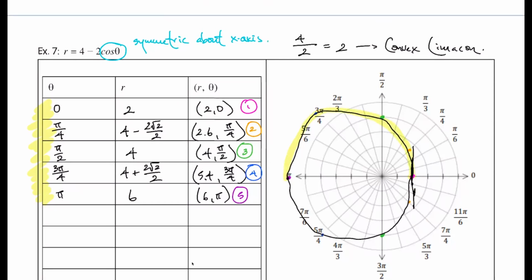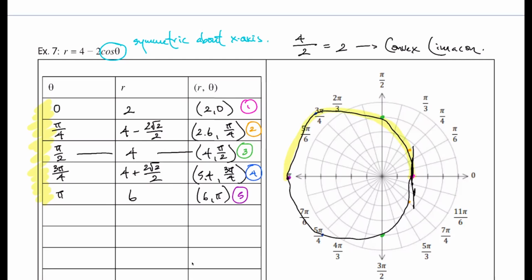No, I would say this point right here is at pi over 2 and it's not at the origin. So got to be careful about generalizing. But what happens if you have cosine in there? Cosine of pi over 2 is not 0. You can have a cardioid with cosine.